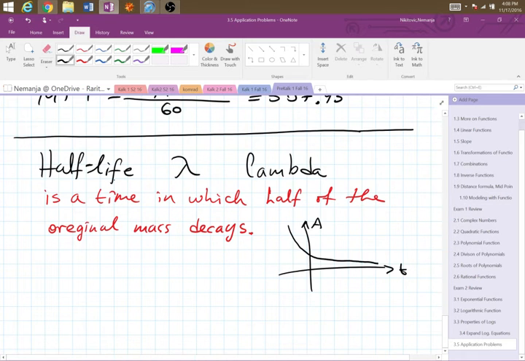And then there is also a huge medical application, because anytime you take any kind of medication, a drug, into your system, it is going to metabolize in the system using exponential decay. So we'll talk about that as well. So now we have a wide range of applications. Let's do something.